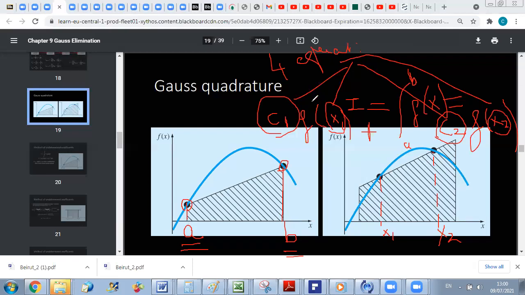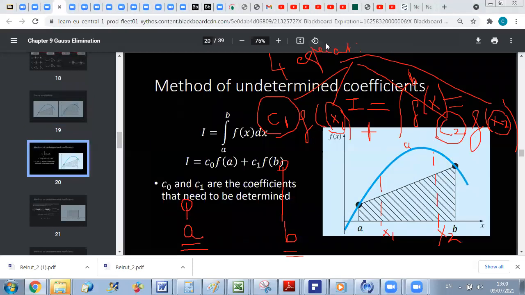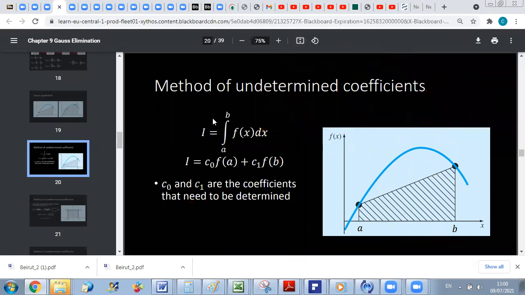What will be the idea of the Gauss quadrature technique? The idea is to find undetermined coefficients. And how to find them? We consider that we want to predict the integral exactly. My purpose is to exactly predict the value of the integral between a and b of f(x).